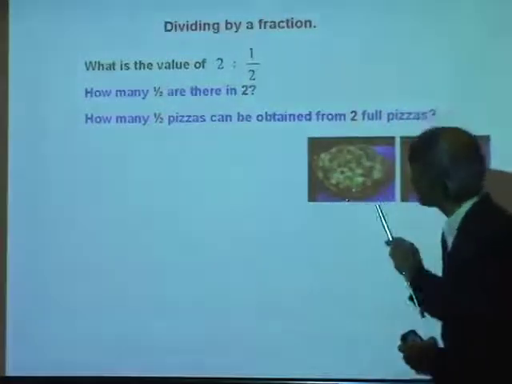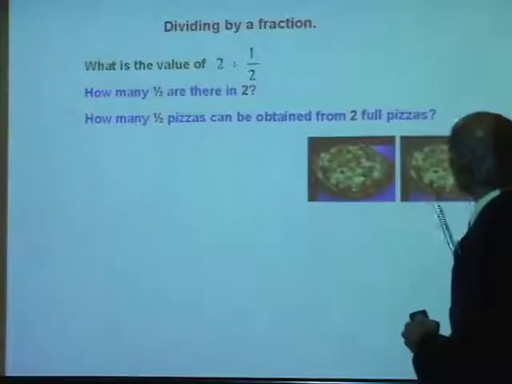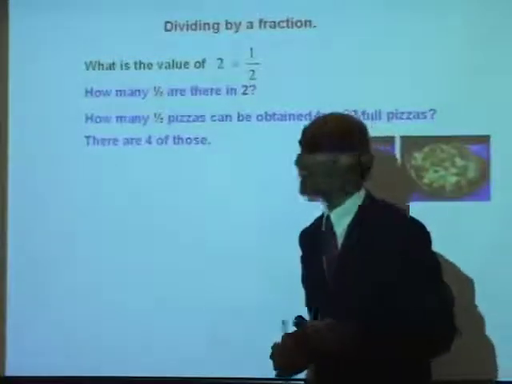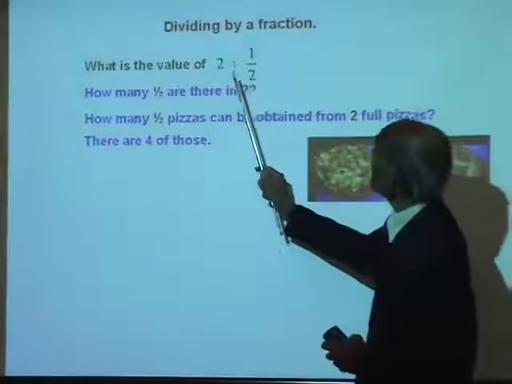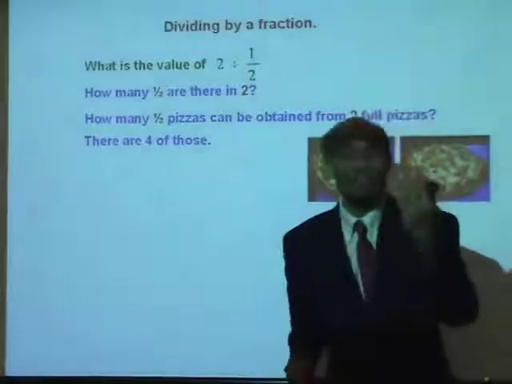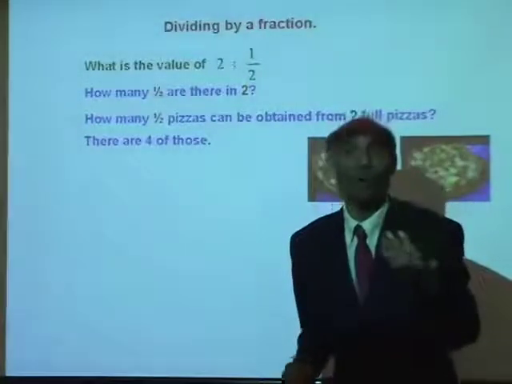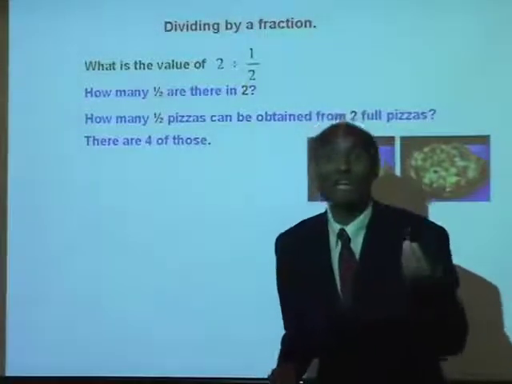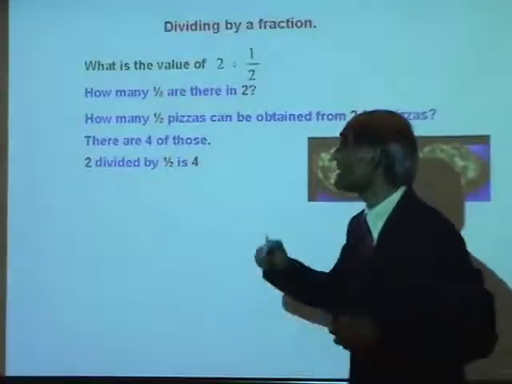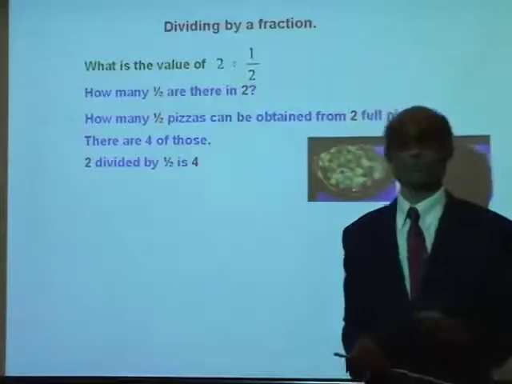There are 2 pieces there and 2 pieces there. There are 4 of those. That means if you divide 2 by 1/2, the answer should be 4. There are 4 1/2s in number 2. So 2 divided by 1/2 is actually 4.